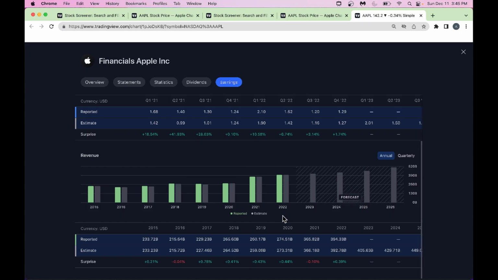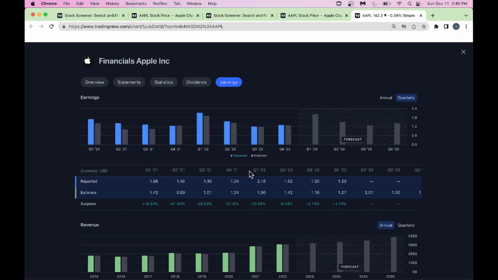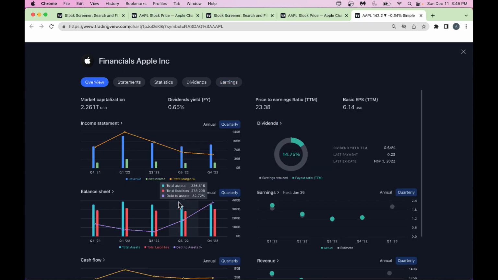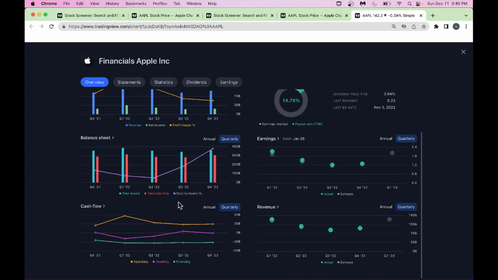And then we got a few more things here. That's about the earnings itself. You could also look at the overview here. Look at the nice overview. You can get some great ideas. I love to look at how they're doing from an earnings perspective. Look, all positive surprise. And of course, from the revenue perspective, again, a positive surprise.